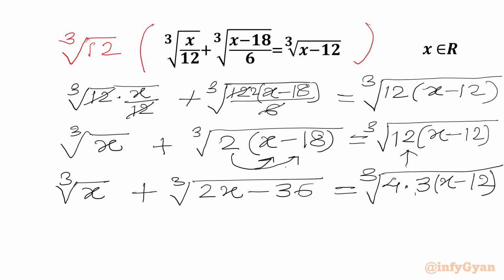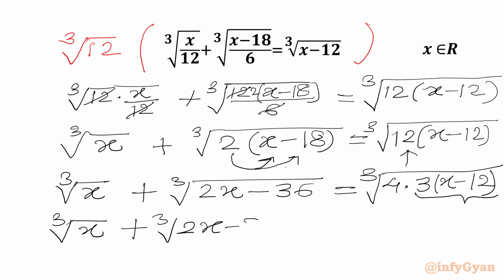In the next step, we can multiply 3 with the bracket terms and we can get cube root of x plus cube root of 2x minus 36 equal to cube root of 4 times, in bracket, 3x minus 36.